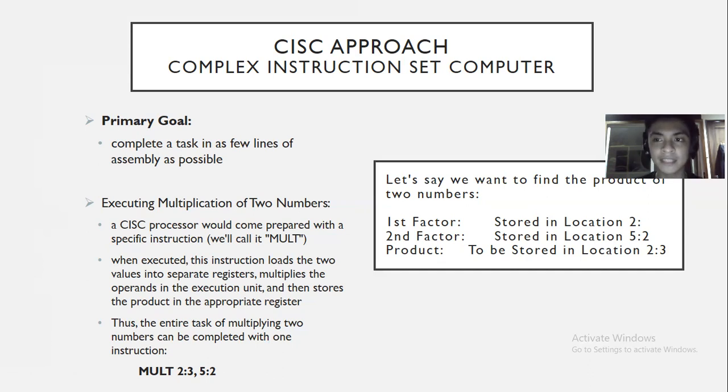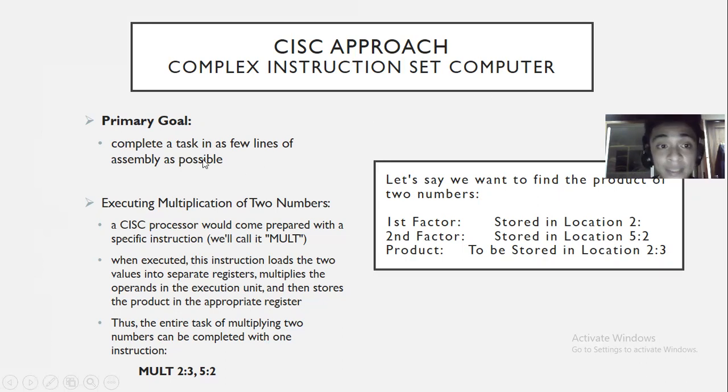CISC and RISC, the two different microprocessor architectures that we're assessing right now, are two approaches that any microprocessor can utilize to help it execute instructions or programs. Here we're going to tackle first the CISC approach, the Complex Instruction Set Computer.